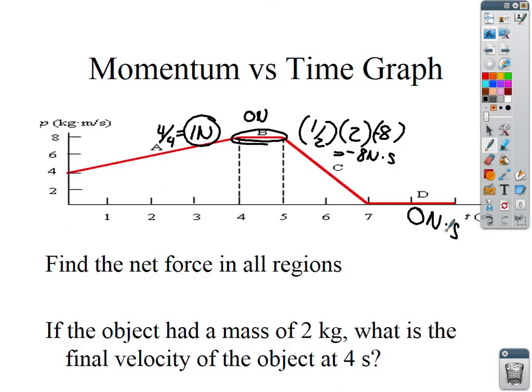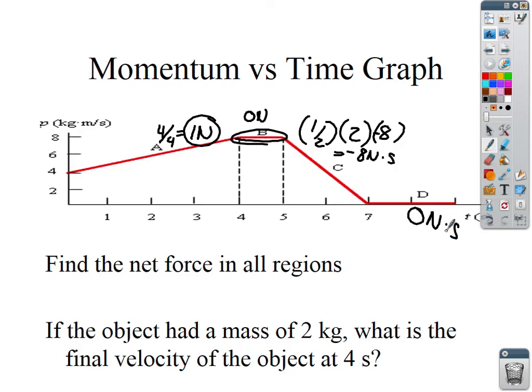If the object had a mass of 2 kilograms, what is the final velocity of the object at 4 seconds? So we're just looking at the beginning. Now this one, not trying to be confusing or anything, we can figure this out by going back and looking at momentum here.